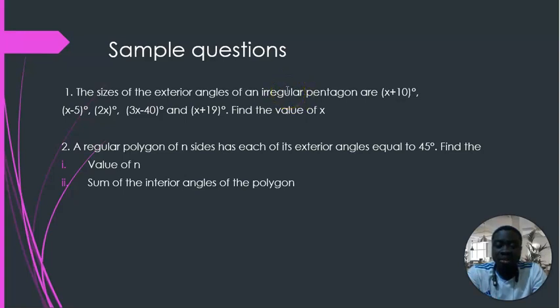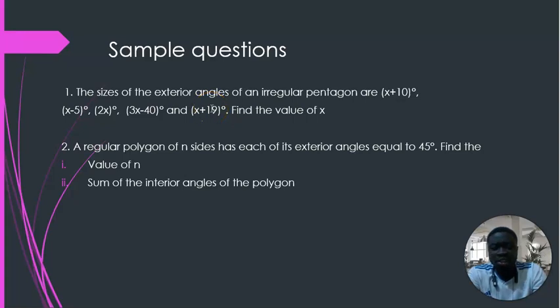So this time around, the exterior angles are not the same because they are irregular. Now, a pentagon has 5 sides and 5 angles. That's why I have x plus 10 as the first, x minus 5 as the second, then the third, fourth, and fifth.